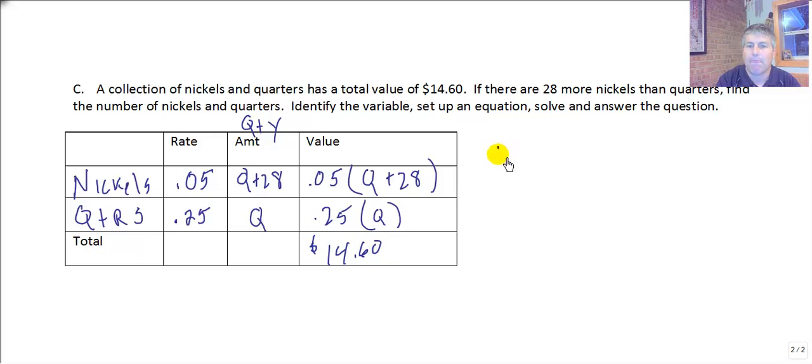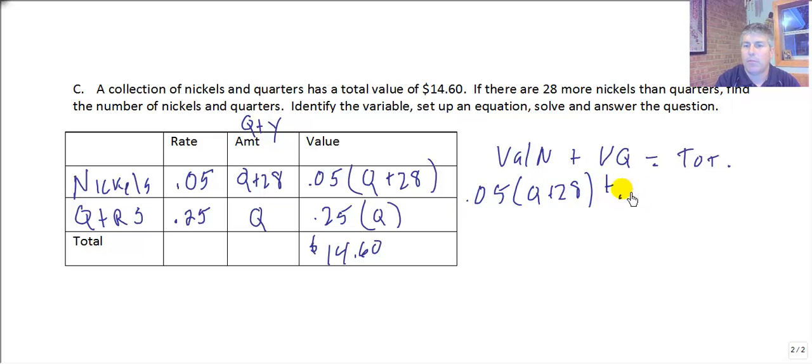So the value of the nickels plus the value of the quarters equals my total value. So 0.05 times Q plus 28 plus 0.25Q, the quantity times the price, or the rate times the amount, same thing, equals $14.60.